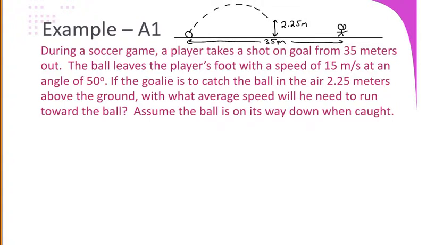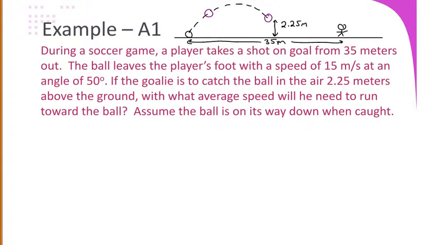It's going to be at that height, say here, when it's on its way up, but then it's going to be at that same height again on its way down, and that's when the goalie is going to be catching it. So we'll see when we calculate the time that we're going to get two times. The shorter of the two times will be the time when it hits that height on the way up, and the second time, the longer time, will be when it hits that height on the way down, and that's the one that we're going to want.